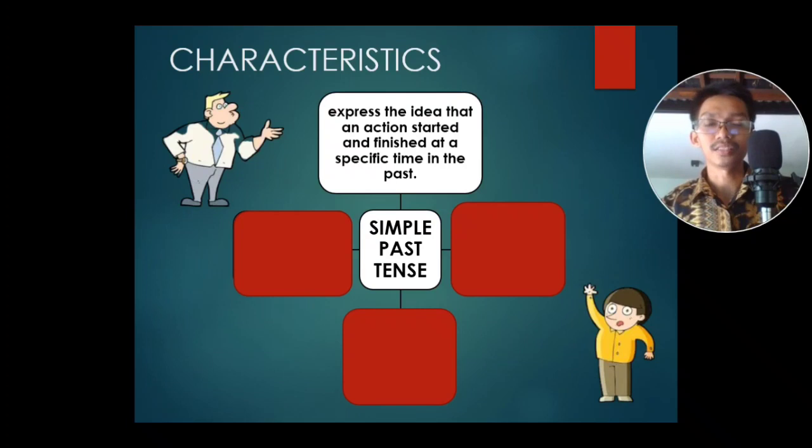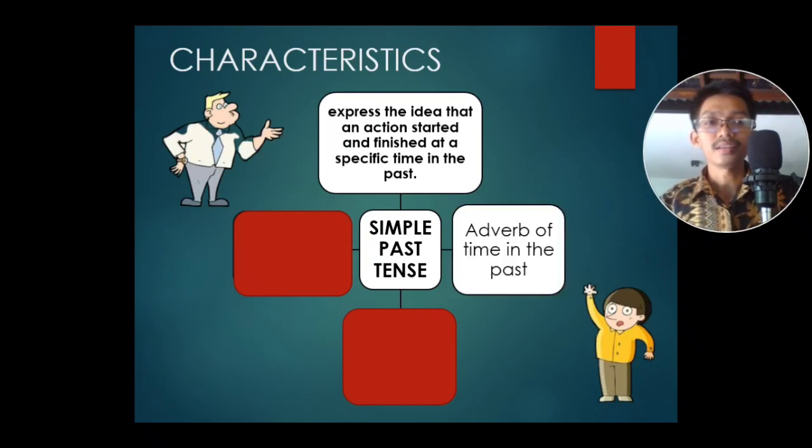Alright, you're correct. What is the other characteristic? Alright sir, it also uses adverbs of time in the past. Can you give me some examples? Yes sir, I'll give you some examples later.